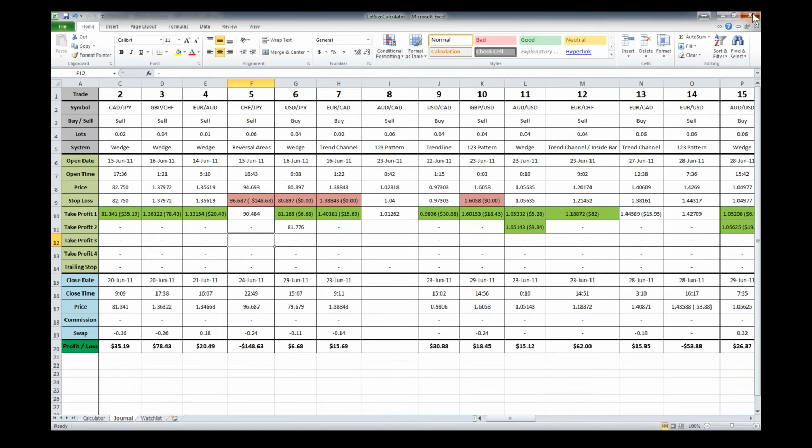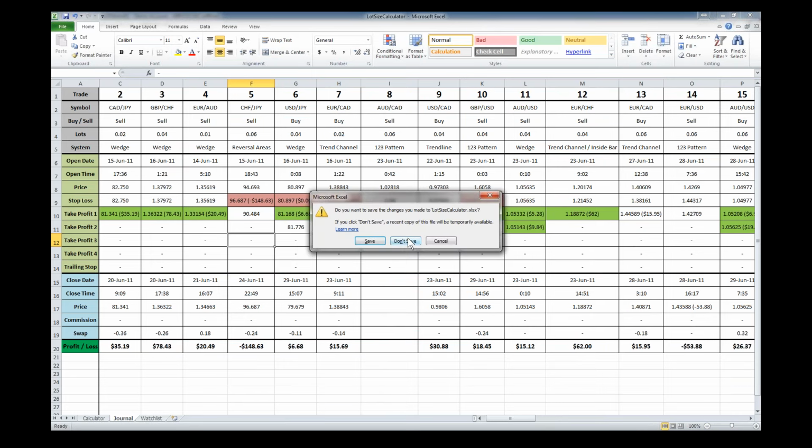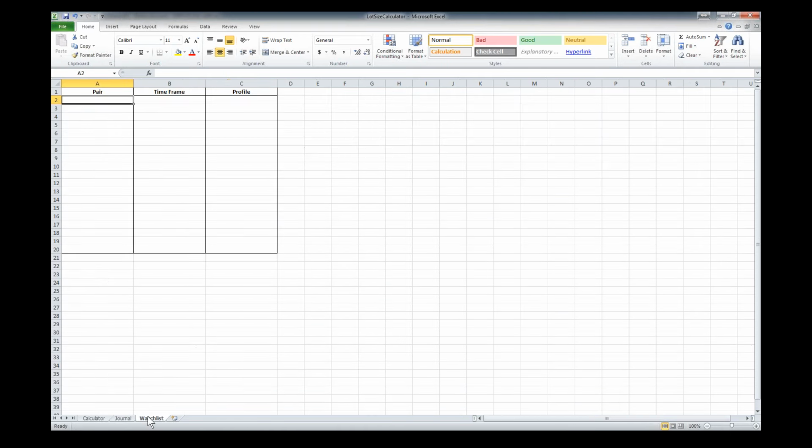So what I want to do is close this. So, what's on his watch list? How the watch list would work would be he'd put the pair, he'd put the time frame, and then he'd put the profile. Was it a wedge? Was it a channel? Was it a 1, 2, 3? And then he could come back to it.